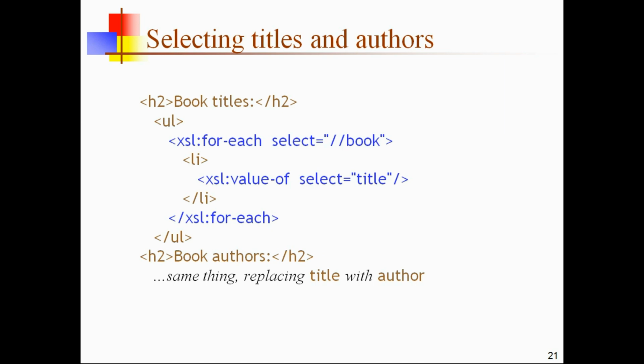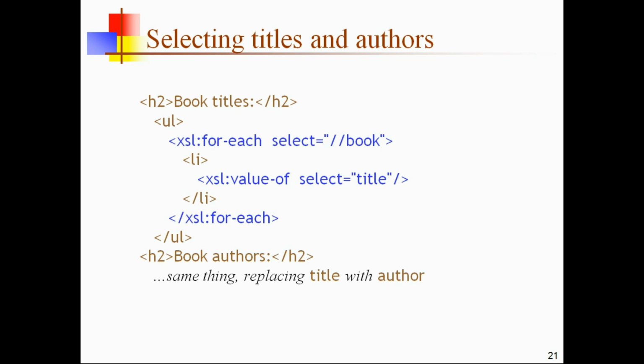If we want to select the titles and authors, then simple thing, we have to add whatever the things that are book and titles. So we have to place xsl:for-each select equal to /book. What is the meaning of /book? In a previous video I gave simple information about what /book means.